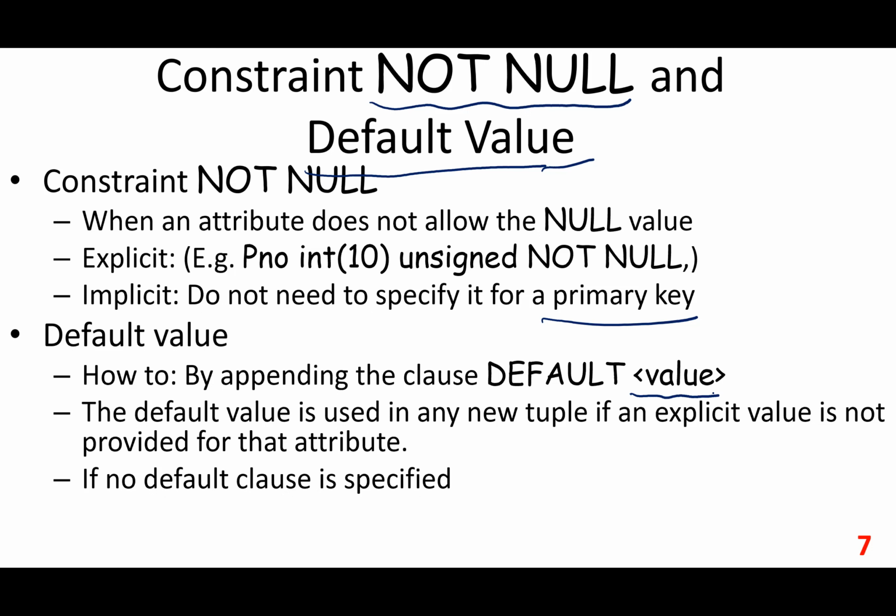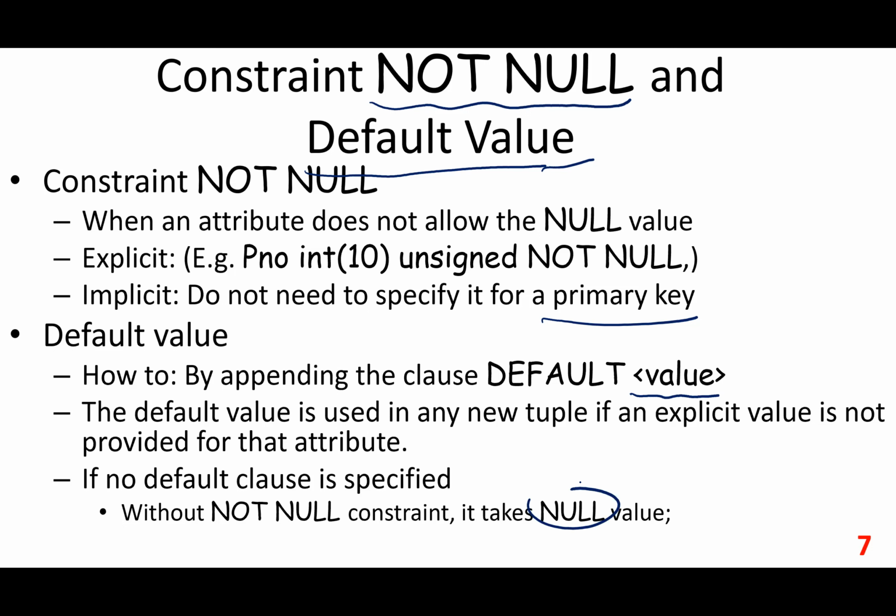If no default clause is specified, then there are some possibilities. No default clause is specified, without not null constraint. If there is no not null constraint, then the null value is used as the default value. Because you do not provide default value, and you do not say not null, then the DBMS will put this null value there automatically.